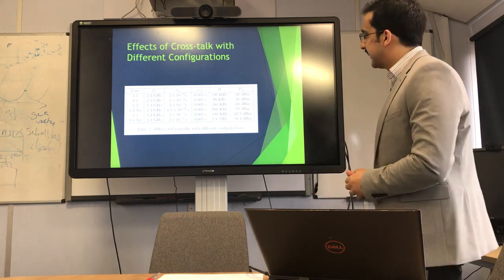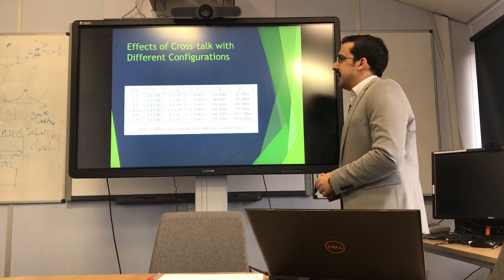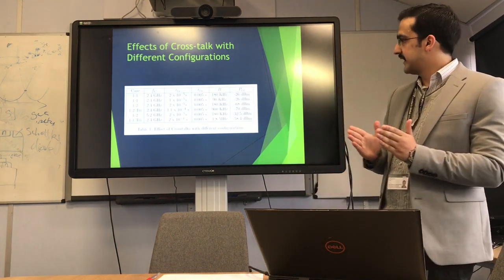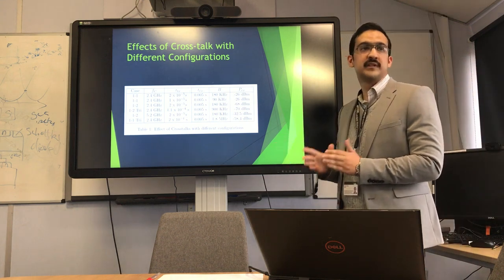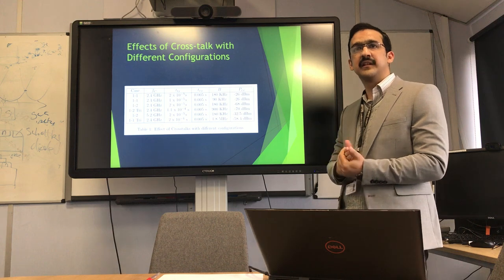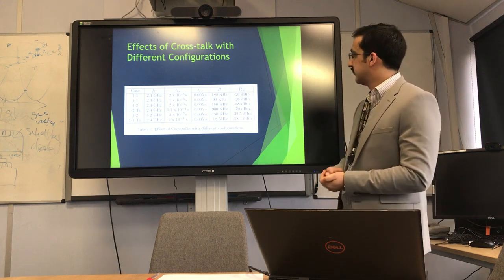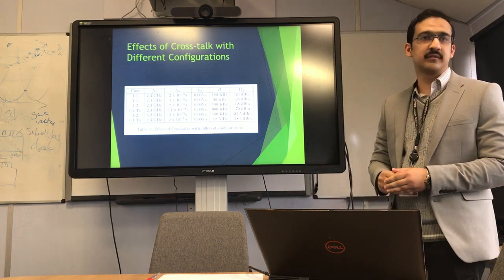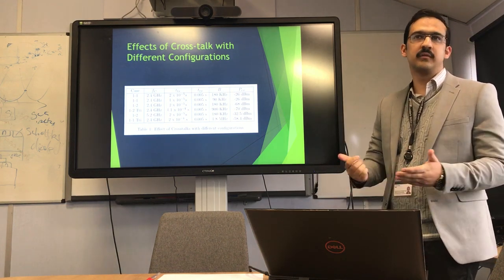This table shows, for example, case 1.1, and this table is for the USRP 2943, which is the RIO one. If you transmit on channel 1 and receive on channel 1, you can see there is minus 26 dBm of crosstalk, which is quite huge. It's not good enough.